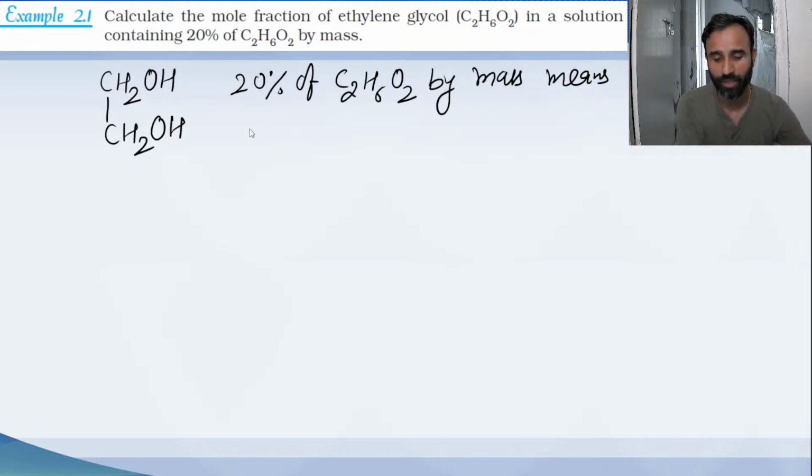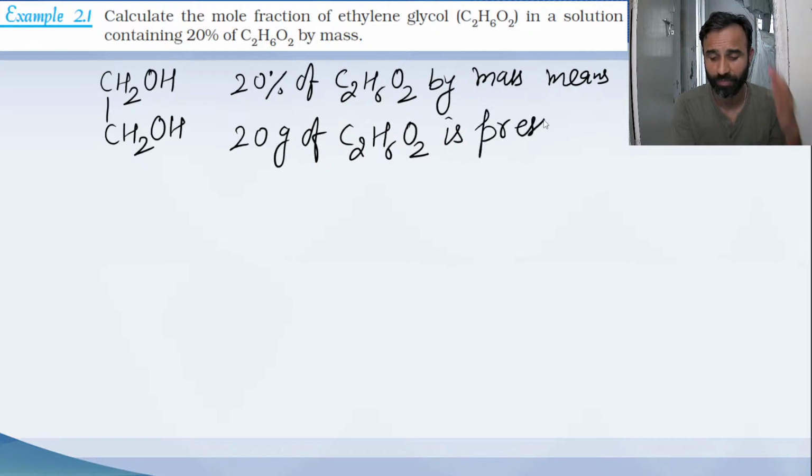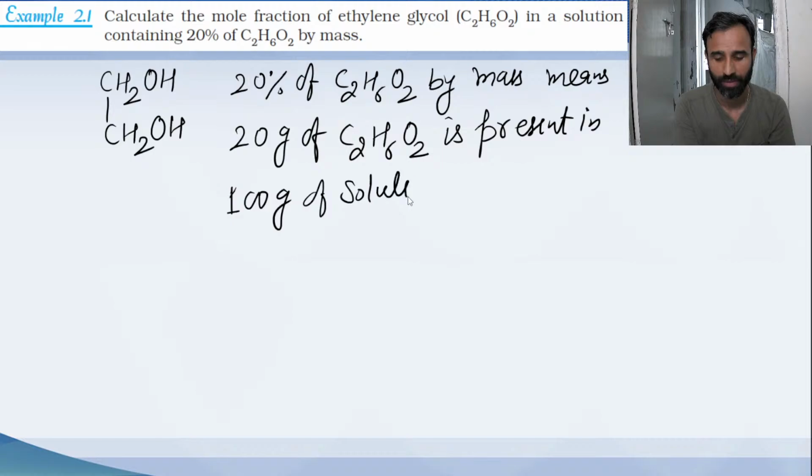It means 20 gram of C2H6O2 is present in 100 gram of solution.